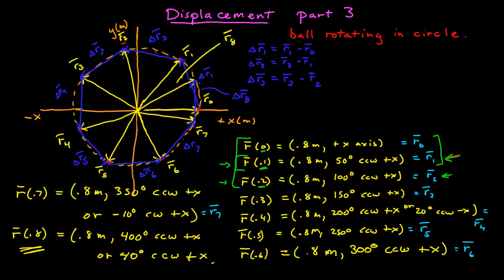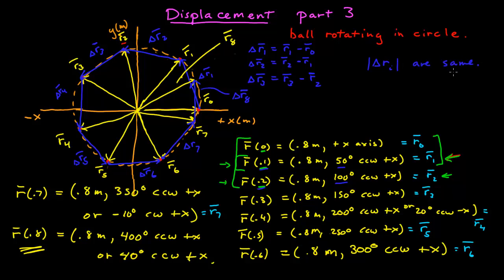The interesting thing to note about this circular motion is that, because it always changes by an equal angle over an equal time, the magnitudes of all of these vectors are the same.